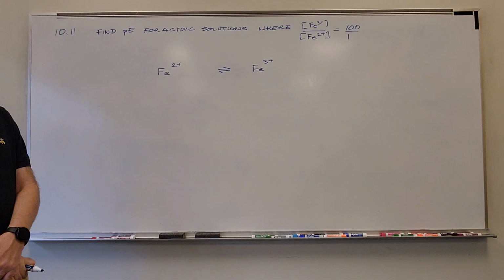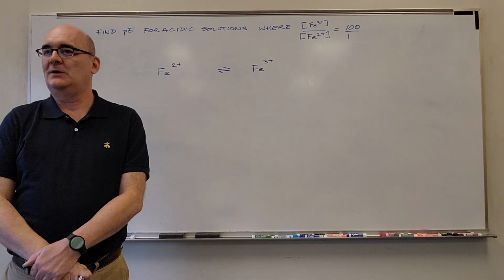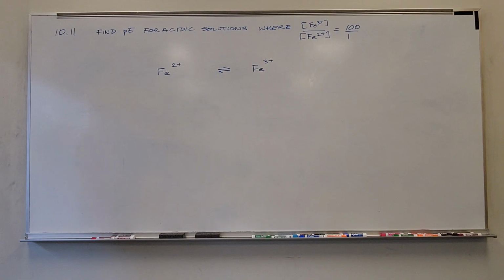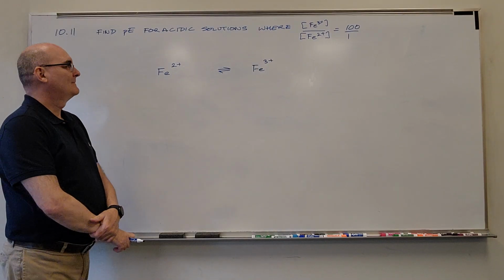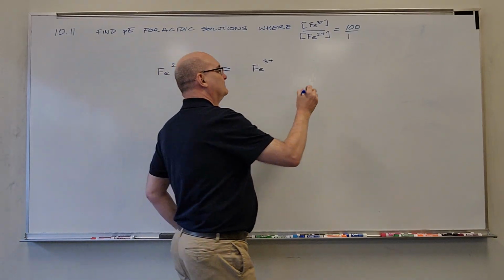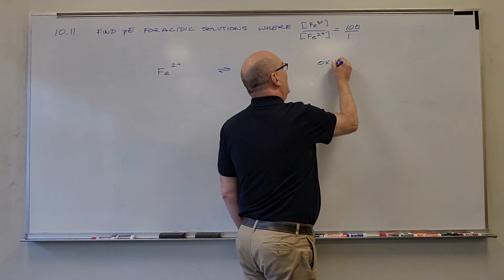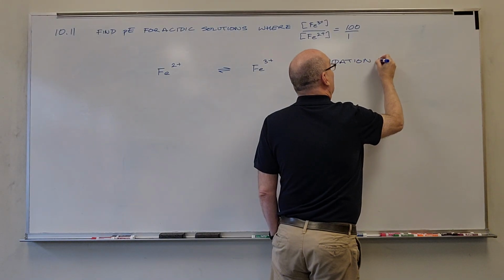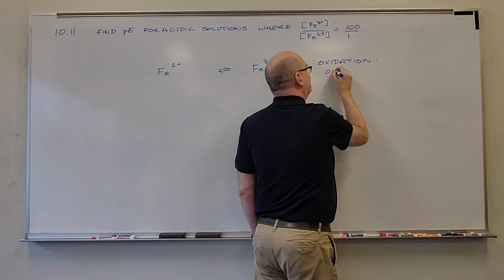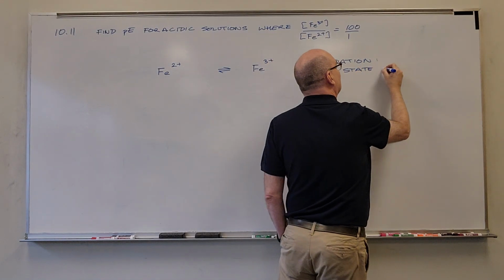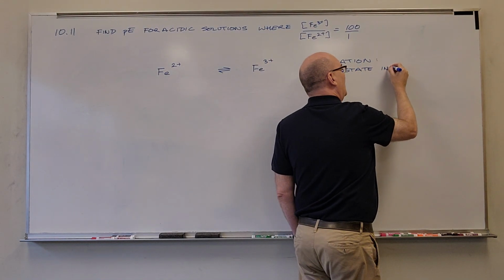As written on the board, and it's not complete, is that an oxidation or a reduction? An oxidation, right? It's going from 2 plus to 3 plus. In an oxidation, the oxidation state or the oxidation number increases.